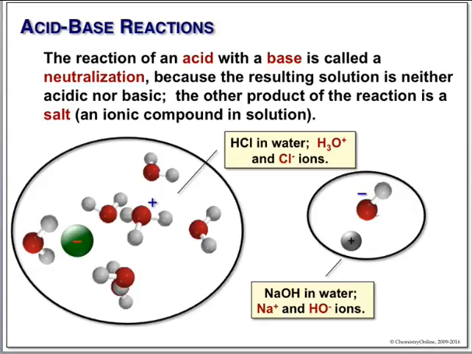In this little circle over here, we have sodium hydroxide and water. 1 sodium, 1 hydroxide. When we take these and mix them together, the hydroxide is going to pull a hydrogen off of here to make water, and the sodium is just going to go along for the ride.